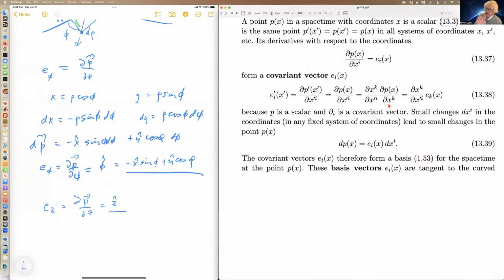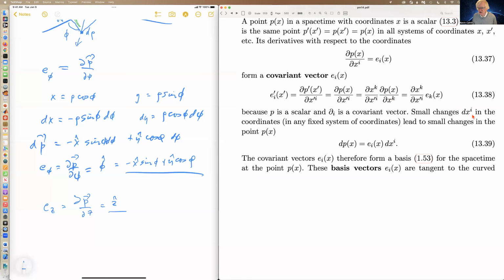And then the other thing that you have to sum over by the chain rule goes in the numerator. So you have partial x^k over partial x prime i, times the partial of P of X with respect to x^k. And that gives you this partial derivative. This thing is the basis vector in the other, so to speak, standard system.